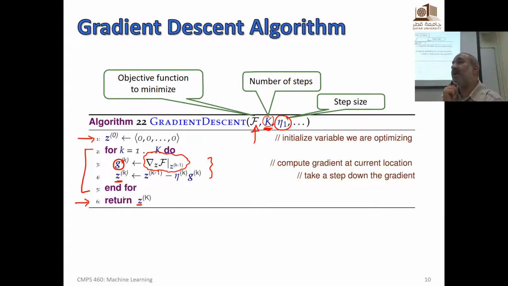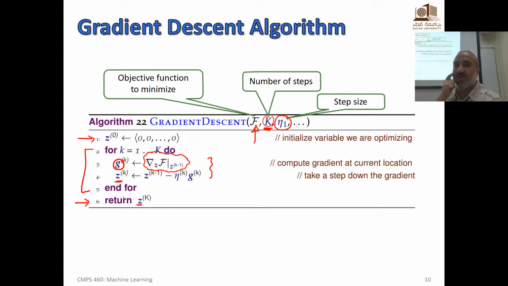Yes. But after we reach the minimum, we didn't yet talk about when we should stop. In this simple algorithm, we said that we will take k steps. Okay. In the next slide, if we have time, inshallah we will, we'll talk about when to stop. Yes. So that one I initialized with 0.